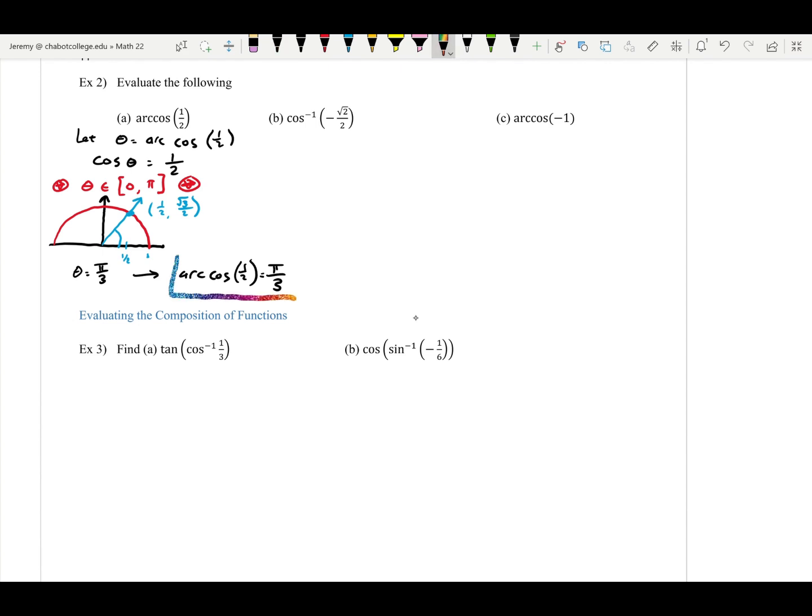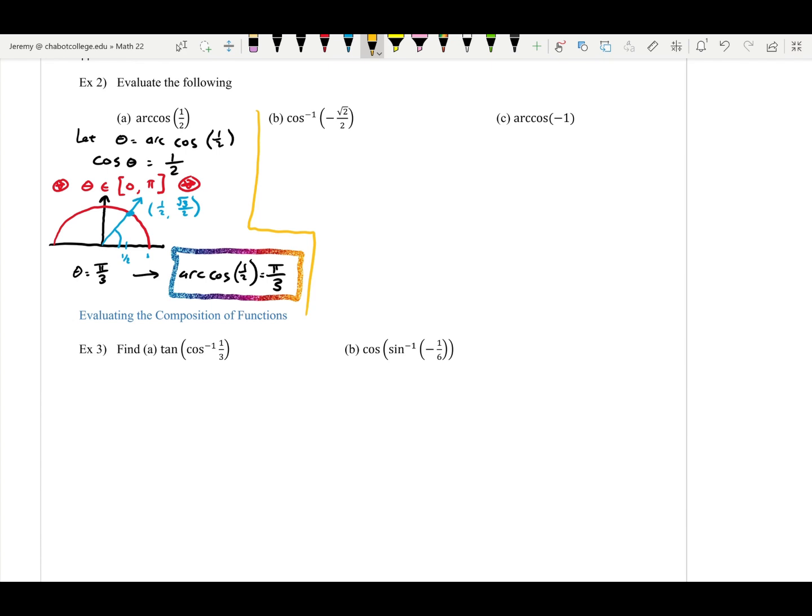All right, the output of the inverse function is the angle. Okay, great. Let's try the next one.